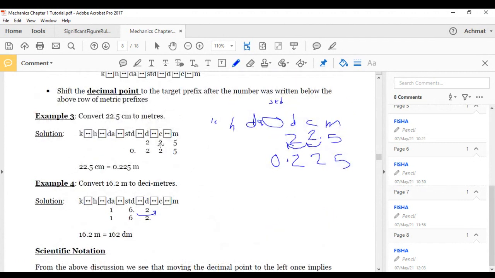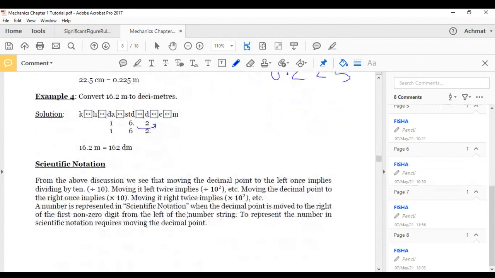Can you see there? 22.5 divided by 100 will give you this answer, 0.225. 16.2 multiplied by 10, by shifting the comma to the right, will be 162. So keep this in mind: shifting the comma to the left means dividing by 10 to the so many, however many times you move to the left.